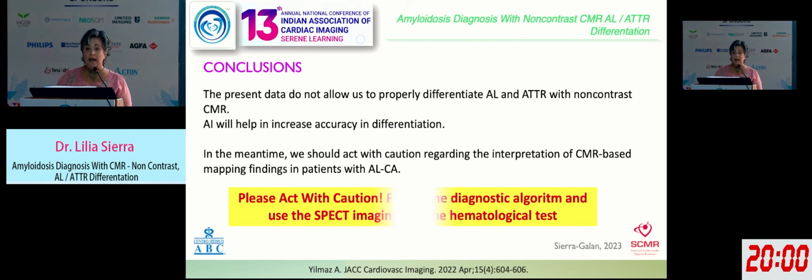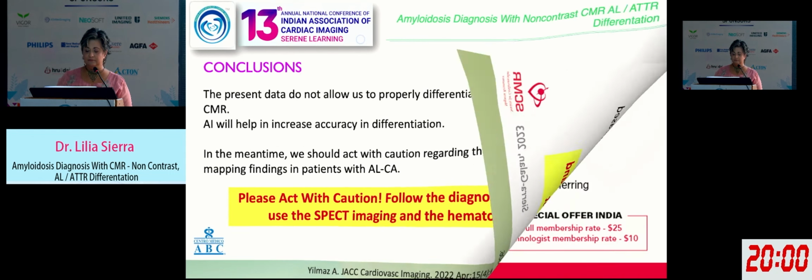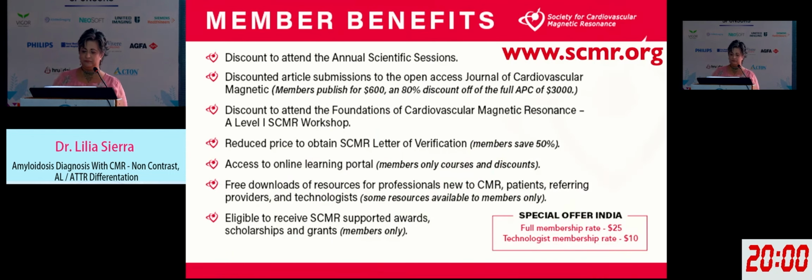So please act with caution. Follow the diagnostic algorithm proposed by either society, the ACC AHA or the European Society, and use SPECT imaging with the Perugini criteria and the hematological test. Thank you very much.